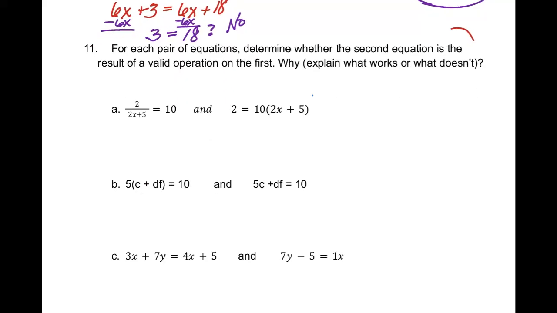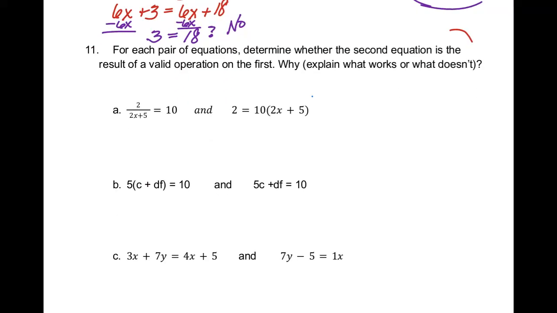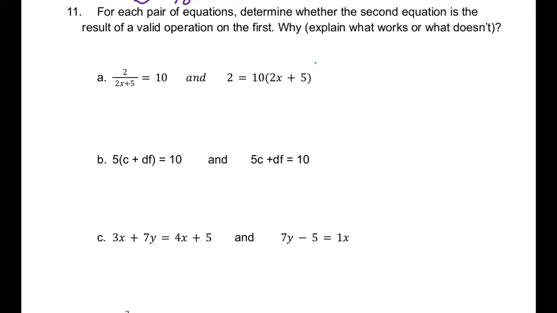For each pair of equations, determine whether the second equation is a result of a valid operation on the first, and why. Explain why it is or why it isn't. So for letter A, 2 is equal to 2x plus 5.